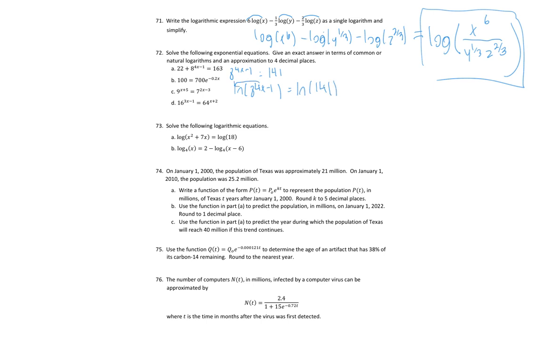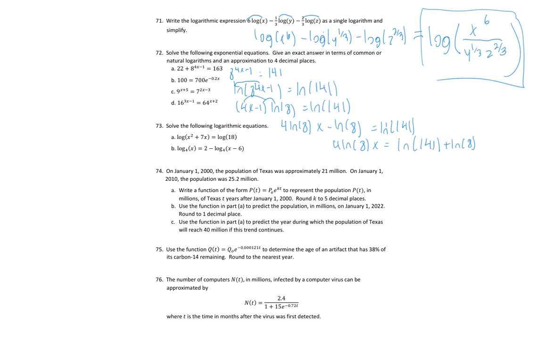I can bring my power down, so (4x minus 1) ln of 8 equals ln of 141. I'll go ahead and distribute this. So I have 4x ln of 8 minus ln of 8 equals ln of 141. I'll add the natural log over, so 4x ln of 8 equals ln of 141 plus ln of 8.